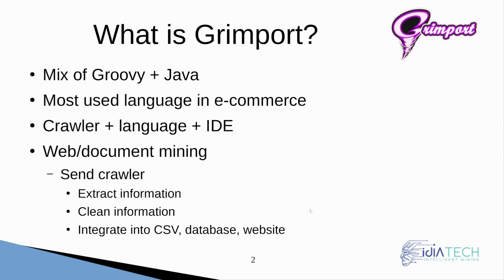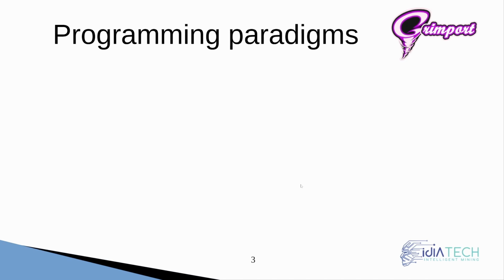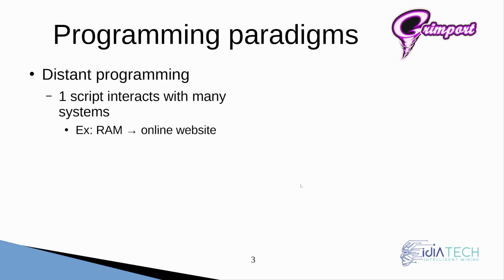Now, to see what sets Grimport apart from other languages, let's look at some paradigms this language has. First of all, this programming language is distant. That means that a script can interact with many different systems. For example, we can launch the script on the computer or on the server, and it will use its resources to run some code, but also interact with an e-commerce website.